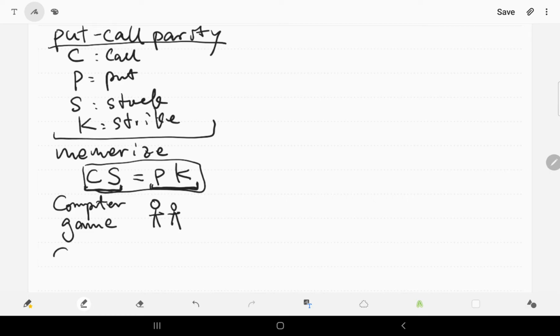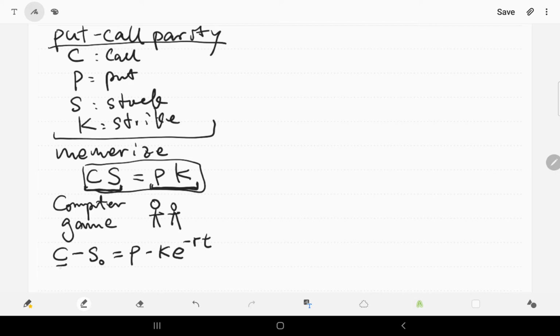That is C minus S. C corresponds to the call option price, and S corresponds to the stock price at time zero. And PK is just the put option price minus K, where K is the current value of the strike price.